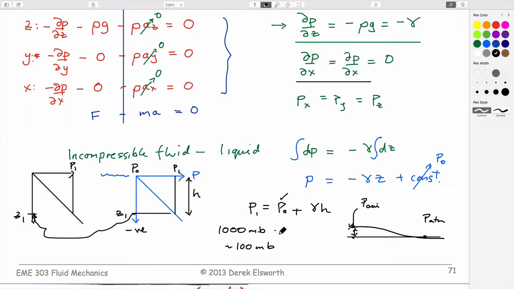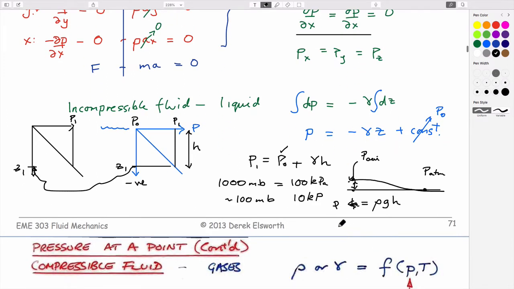And this is equal to, say, 10 kPa. So 100 millibars is equal to 10 kPa. Then, if you wanted to, you could work out that this height here has to equal, rather, the pressure. The pressure has to equal this.